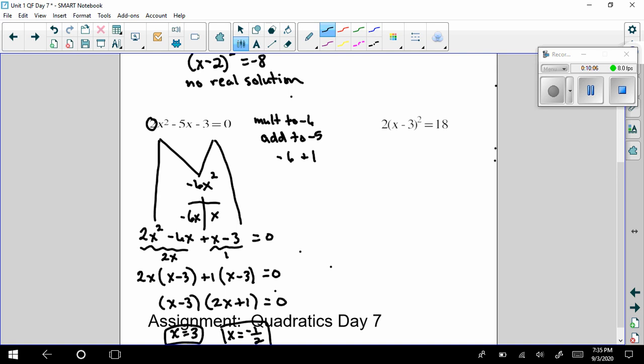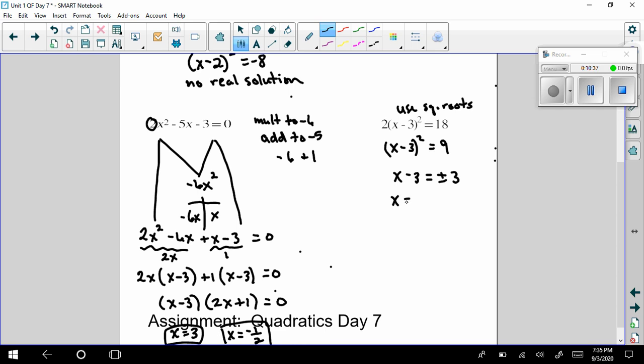All right, so last one. So this is in the form where we're going to use square roots. It's the quickest and most efficient way. So let's divide both sides by 2. Take the square root of both sides, so I get x minus 3 equals plus or minus the square root of 9, which is plus or minus 3.